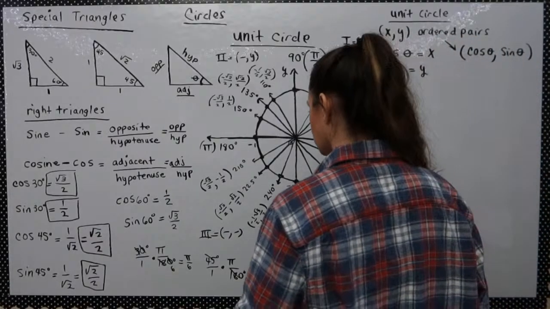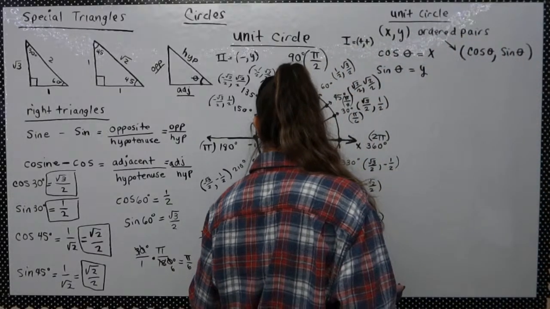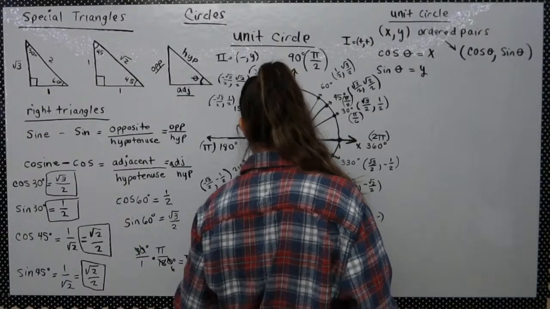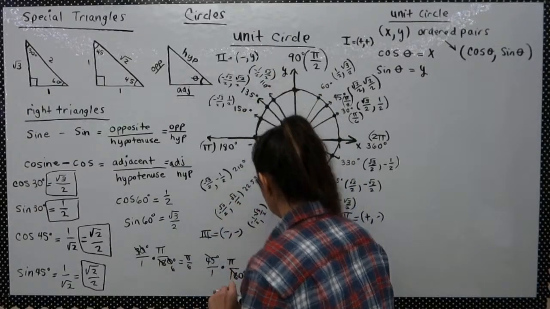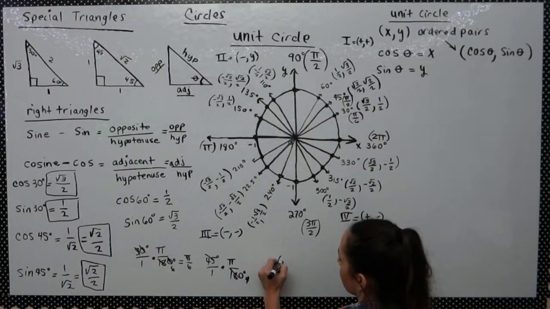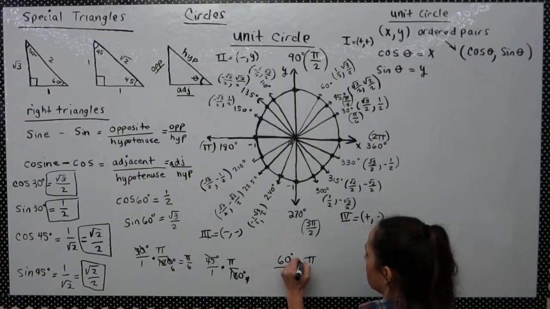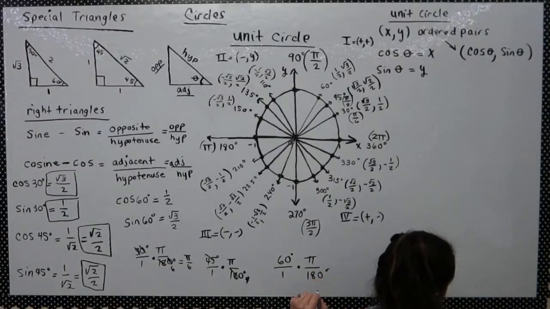And now I've got 60 degrees. Ooh, I can't write upside down and get there. 60 degrees over 1 times pi over 180. Can you see that?